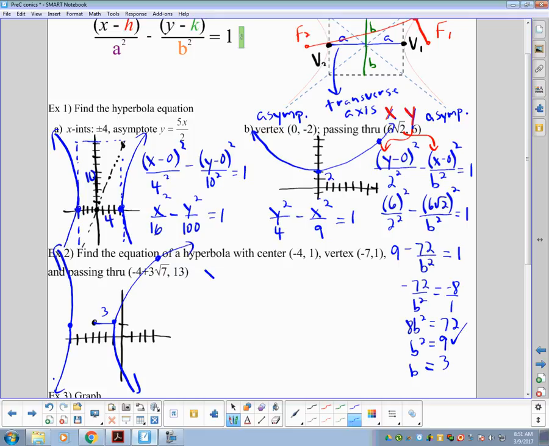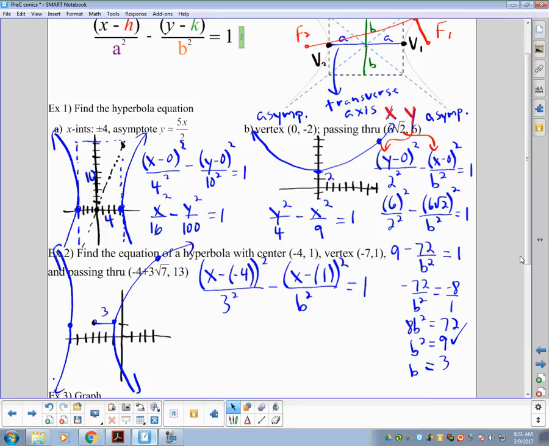So I have x minus -4 squared over a squared, which is 3 squared, minus y minus 1 squared over b squared equals 1.